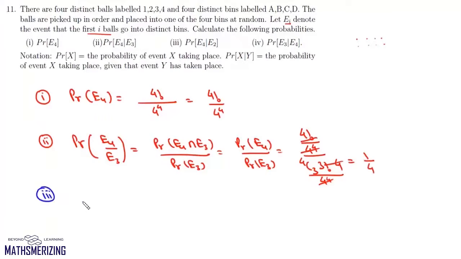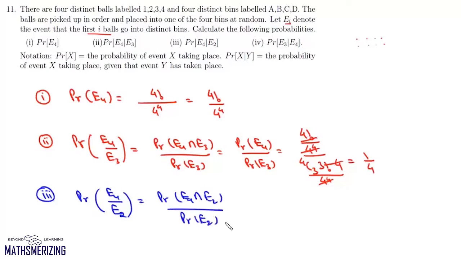Now this third one is the probability of E4 given E2. It will be probability of E4 intersection E2 upon probability of E2, which again is probability of E4 upon probability of E2. Now this is factorial 4 upon 4 to the power 4, and the probability of E2 is that the first 2 balls went into 2 different bins.